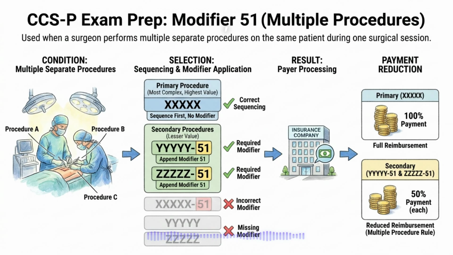The primary, most expensive surgery is paid at 100%, while the second and third procedures are usually paid at 50%. You should always sequence the most complex, highest valued code first on the claim without a modifier, and append Modifier 51 to the lesser valued secondary codes.